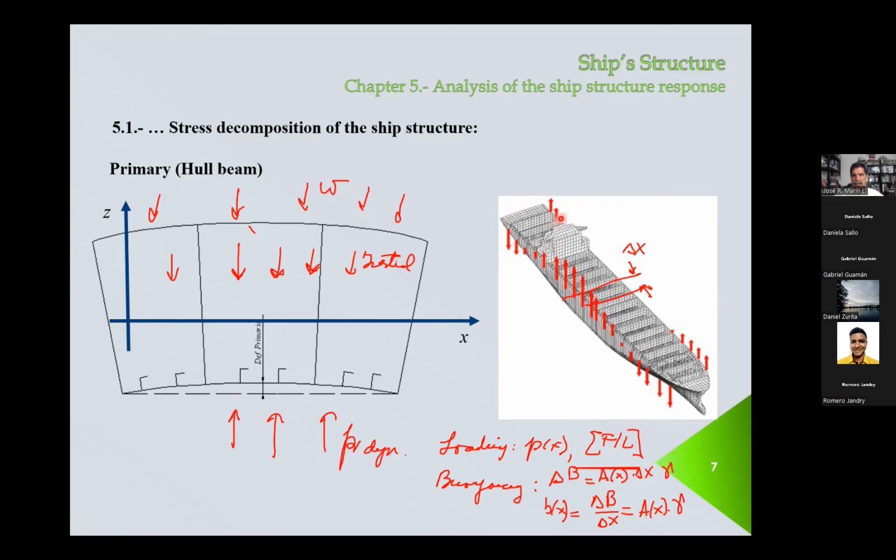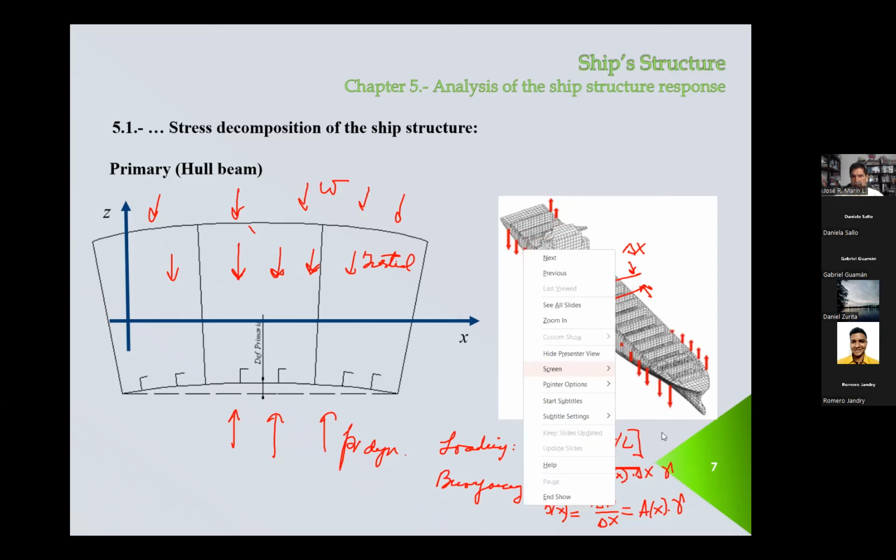So in general, that means that this will generate torsion. Don't worry, we are not going to consider that. We're just going to consider a beam, bending in the vertical direction. But you have to be aware that that could happen, okay? And not only that, but also there could be some bending in the transverse direction. So there could be transverse bending, vertical bending, and torsion. We are only going to consider here vertical bending. That's enough, okay?